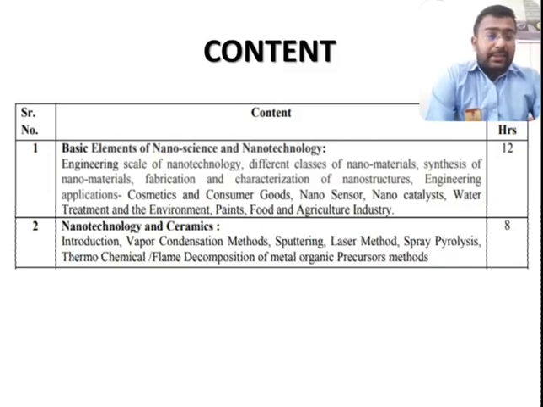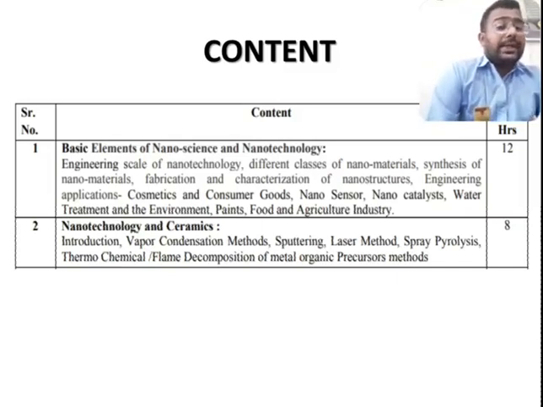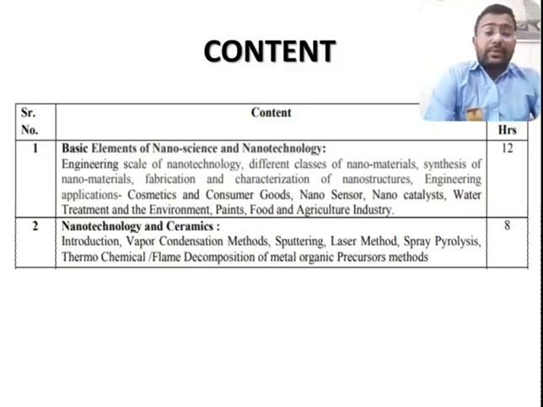sputtering method, laser method, spray pyrolysis, thermochemical process, flame decomposition of metal organic precursors method. So these are the various methods which we will use in nanomaterial and nanotechnology as a ceramic material, right?